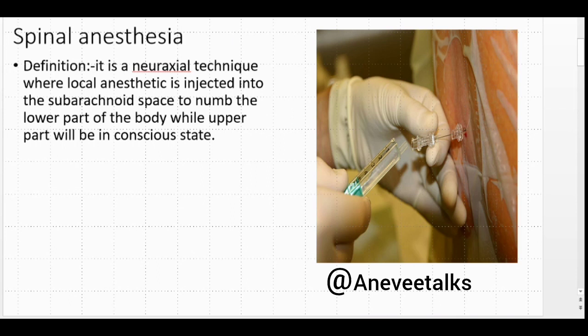This is how spinal anesthesia can be given. This procedure is for patients undergoing surgeries of the lower limb and all. It involves giving spinal anesthesia in the back region, in the spinal region.